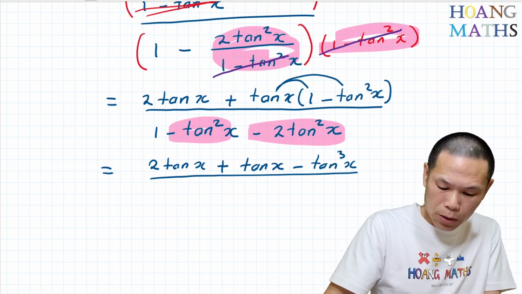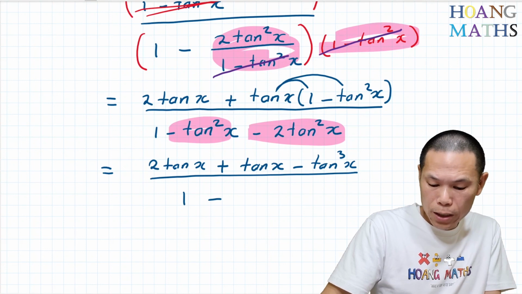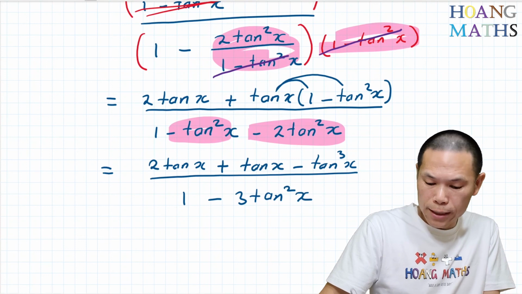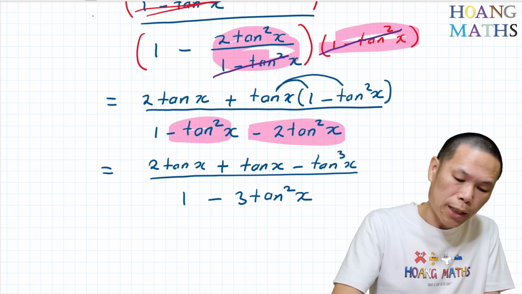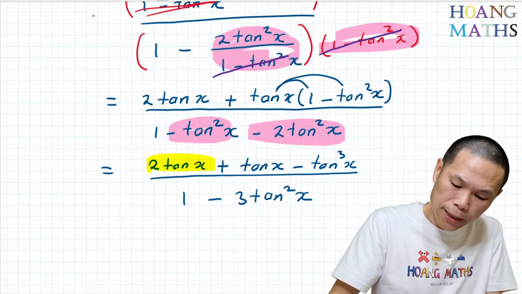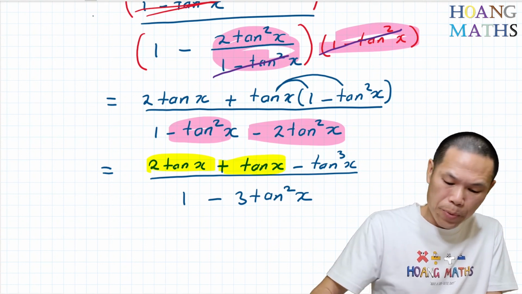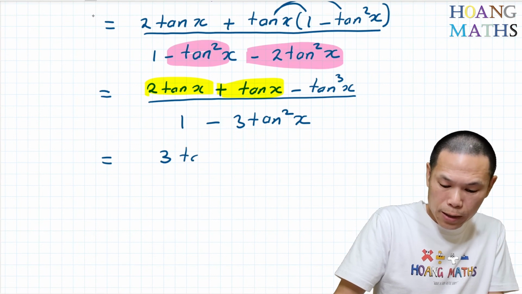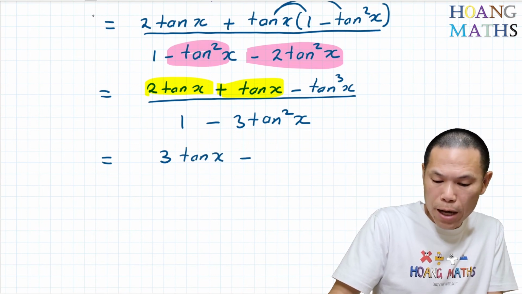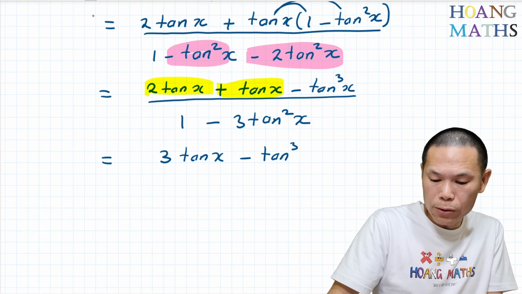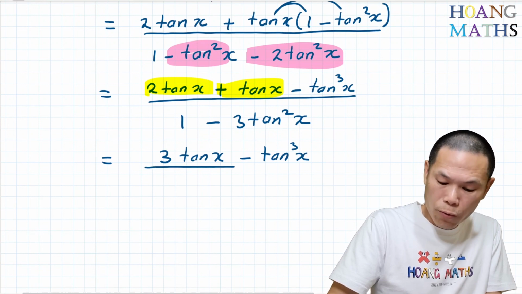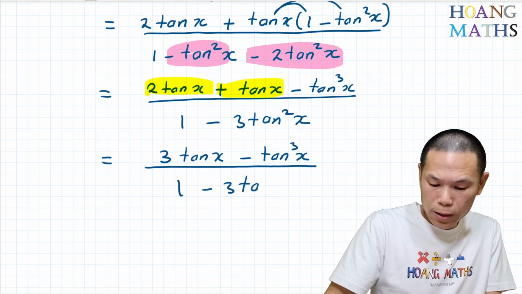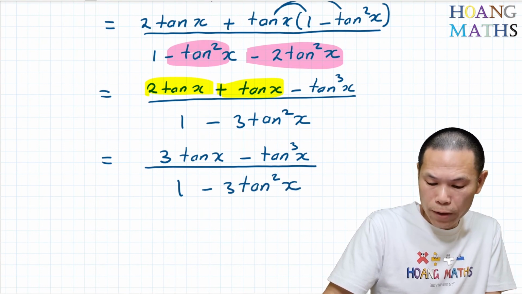So that becomes 1 minus 3 tan square of x. So then the numerator we can simplify further because these are like terms. So we just add them up. So that will give me 3 tan of x minus tan cubed x. Now over 1 minus 3 tan square of x.